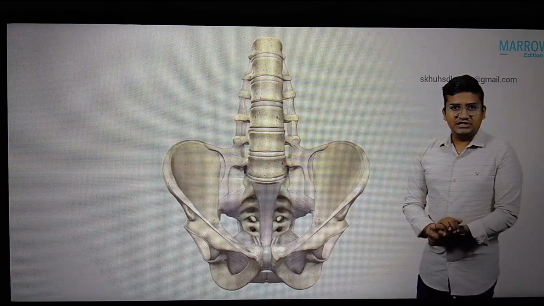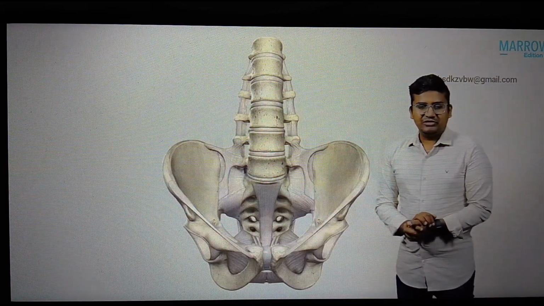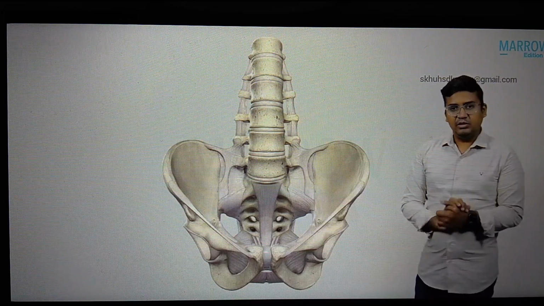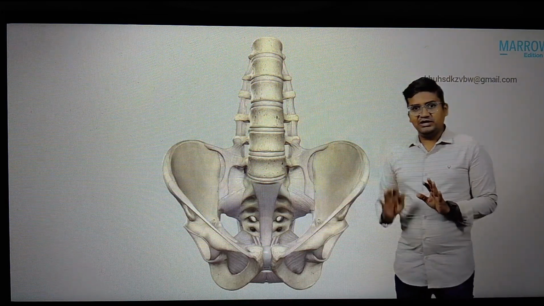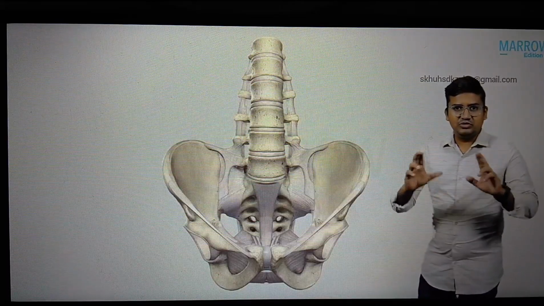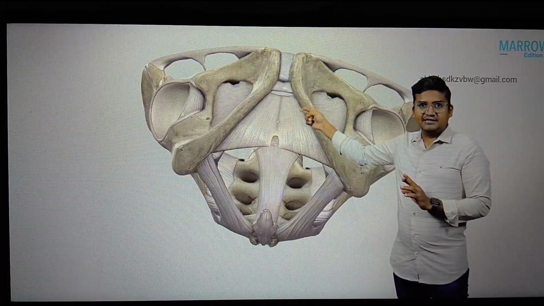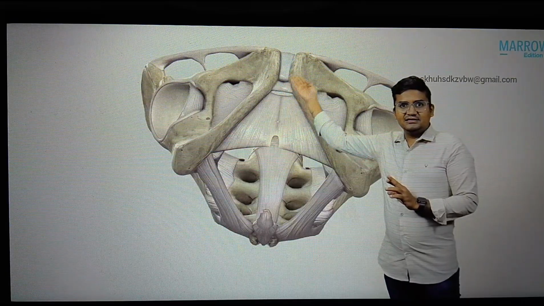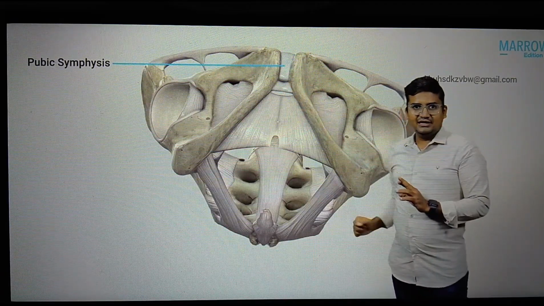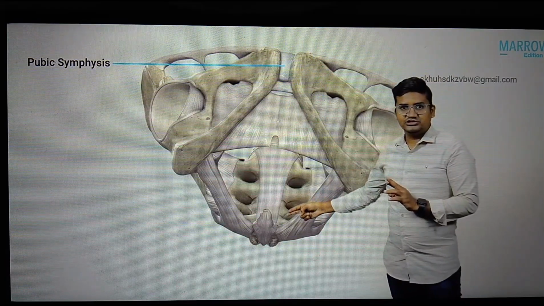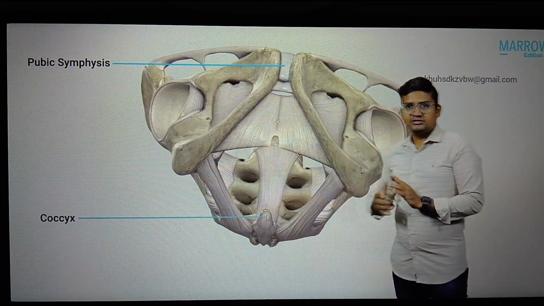Now, we're going to see the animation for the pelvis and perineum. First you have to know what the perineum is, the boundary of the perineum. I told you the perineum is nothing but the pelvic outlet. Now, we're going to tilt the bone. Anteriorly, that is our pubic symphysis. Posteriorly, you see the coccyx bone.